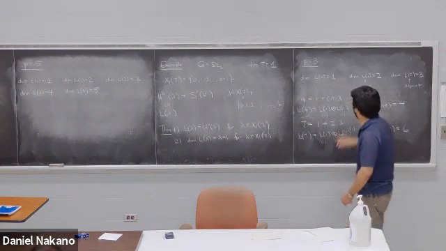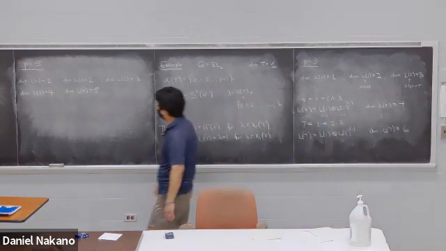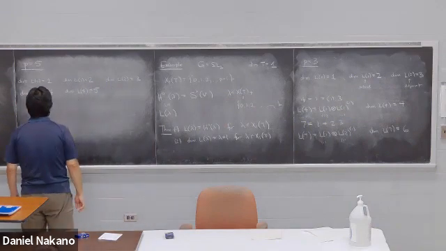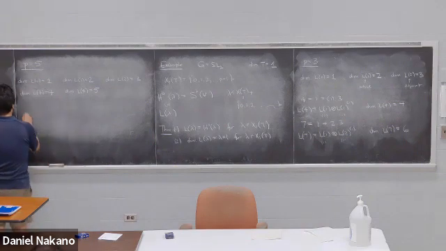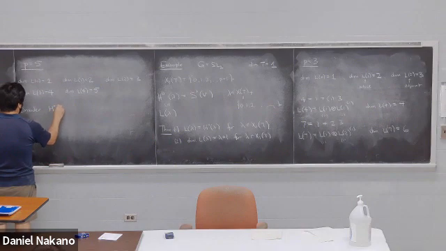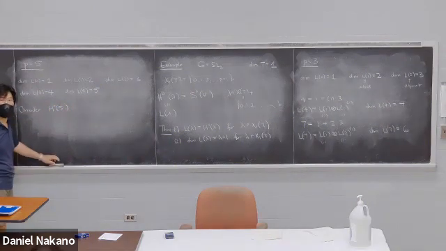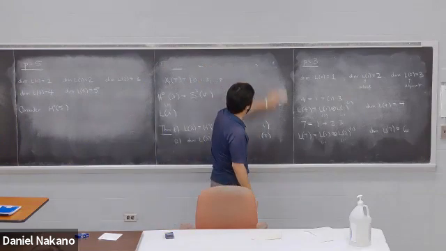All right, so I just did something like this. So now what I want to do is look at H0 of 5. So I'm going to consider H0 of 5 here.